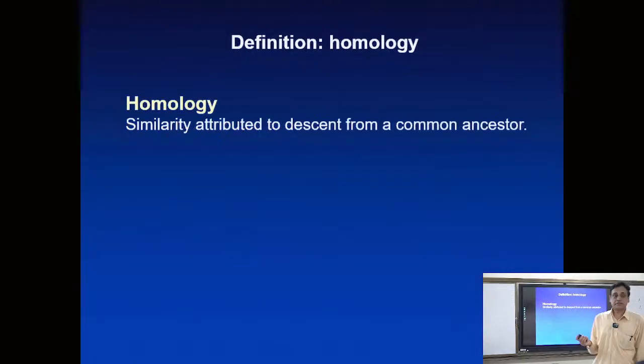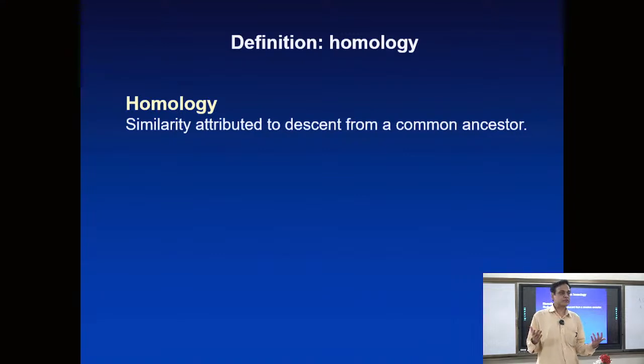Homology. You might have heard about homology and homologous sequences. This is similarity that can be attributed to descent from a common ancestor. So two sequences that are similar because they have descended from a common ancestor, or two organisms that have descended from a common ancestor, are homologous to each other, and they are called homologs.